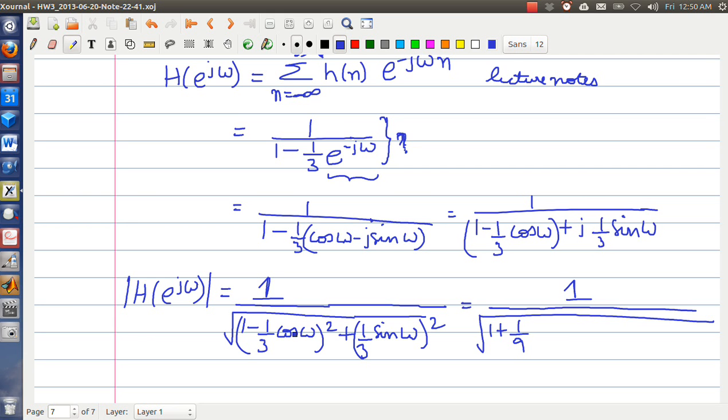So the cosine square and the sine square omega would combine, and here you get negative 2 over 3 cosine omega, and this is just 1.